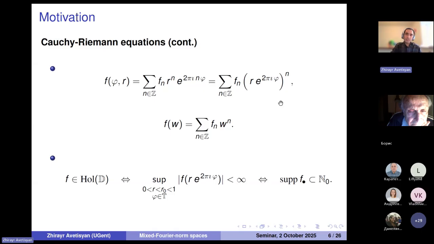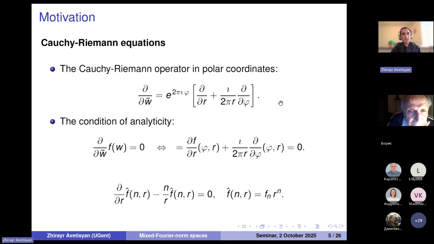Basically, what we are saying here is that the condition of analyticity is reflected in a certain factorization of the half Fourier transform into a radial part and a Fourier part. And the radial dependence is fixed by analyticity.